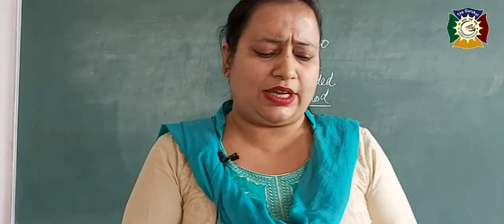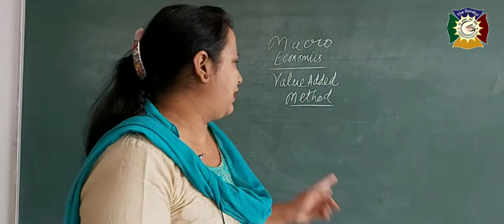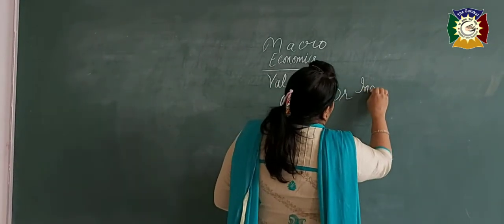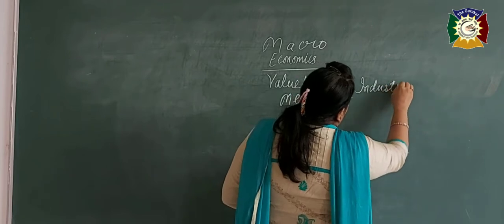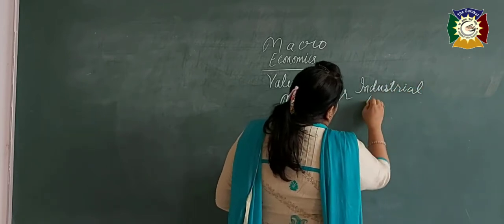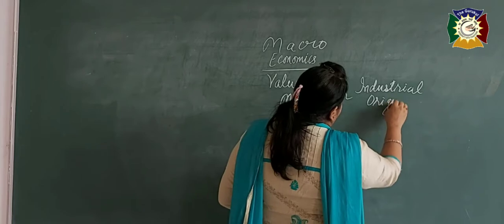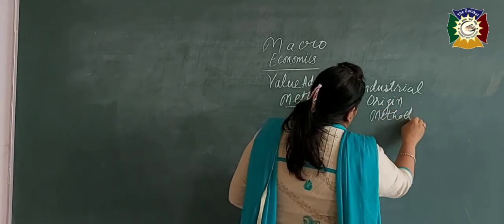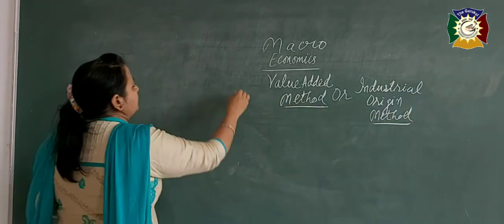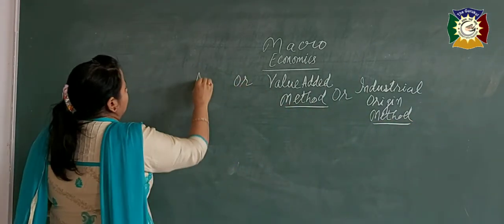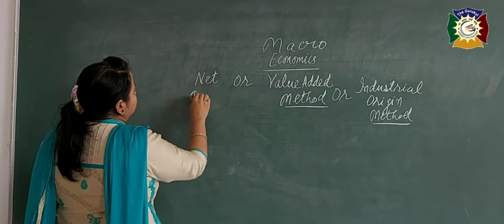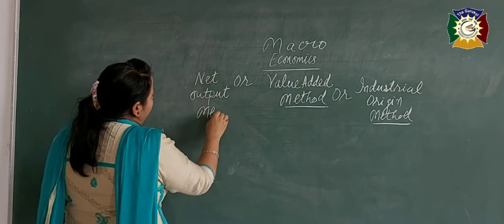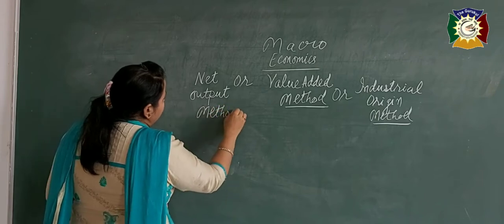Two names are also there: first is the industrial origin method and the second is the net output method. Here output means production. Production is done by the producers.